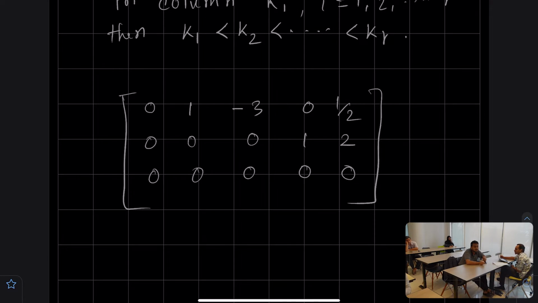Yes. Why is that? Because in row 1, the first non-zero entry is 1, the leading one. Also in row 2, the first non-zero entry is 1.